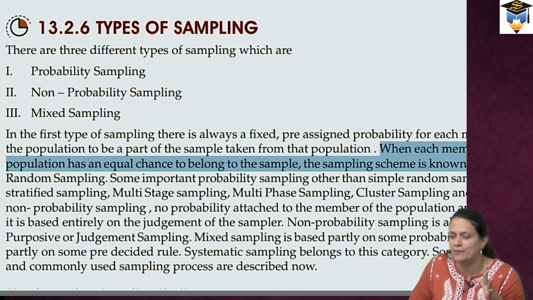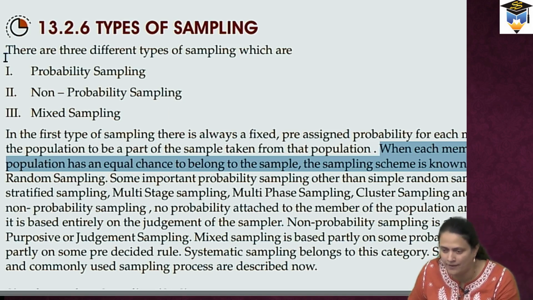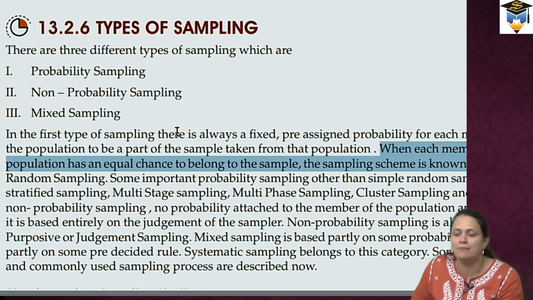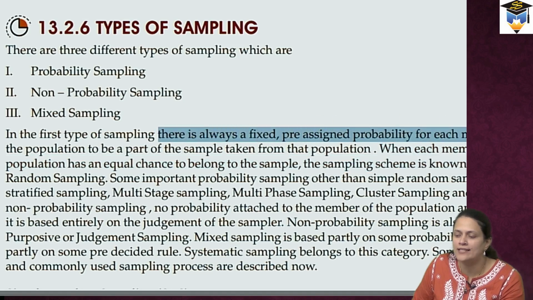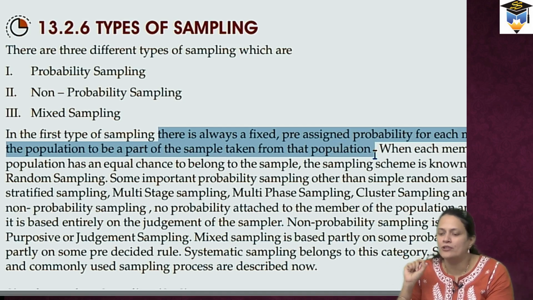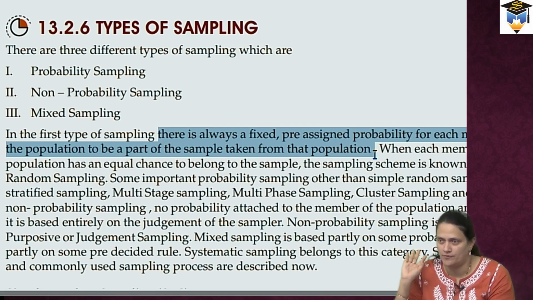So first type is probability sampling. Give the heading as probability sampling. Write down probability sampling. In this type of sampling, there is a fixed pre-assigned probability. In probability sampling, there is always a fixed pre-assigned probability for each member of the population to be a part of the sample taken from that population.